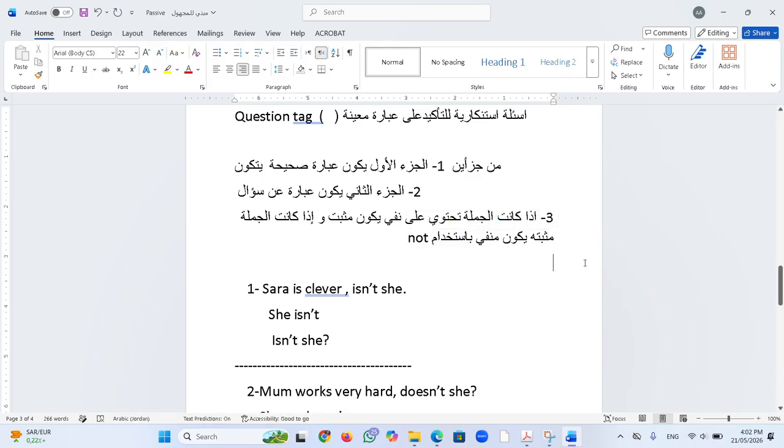So only one of the parts includes not, not all the parts. If we have the first part with not, the second part mustn't include not. Not only in one part.